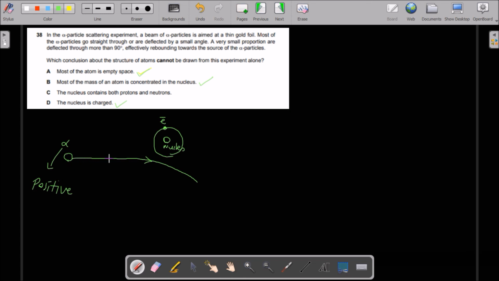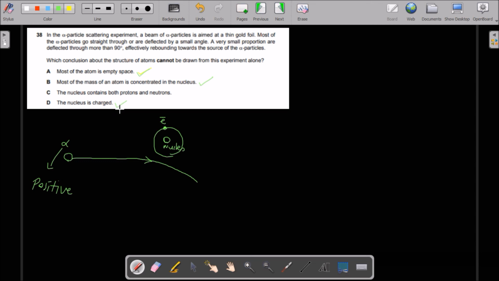And because of this deviation, we can conclude that the nucleus is charged, and the charge of the nucleus is positive because of the proton. Inside the nucleus there are neutron and proton. Neutron is neutral and doesn't have any charge, and proton has positive charge. So by this experiment, they conclude that the nucleus is charged.